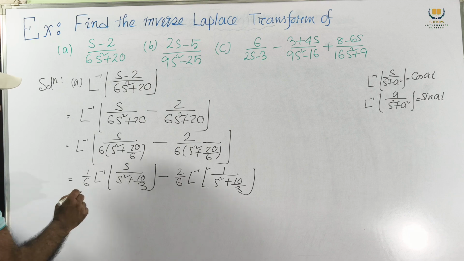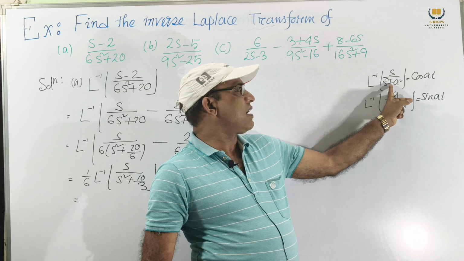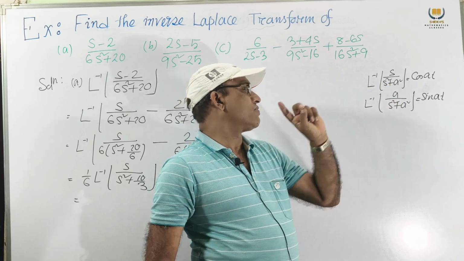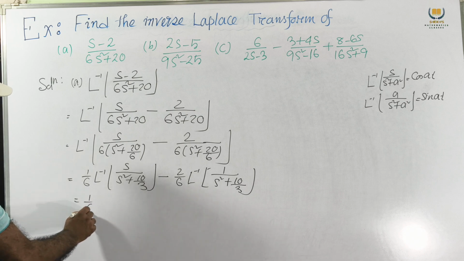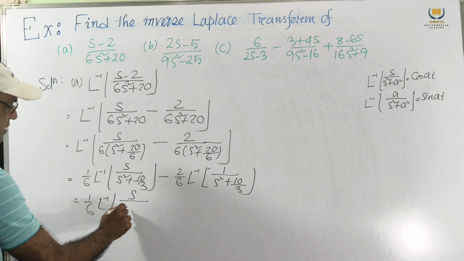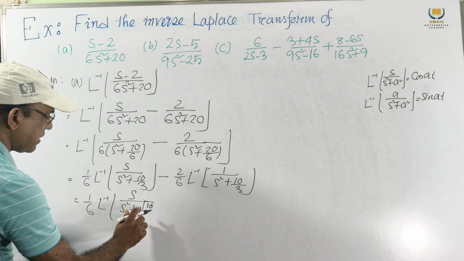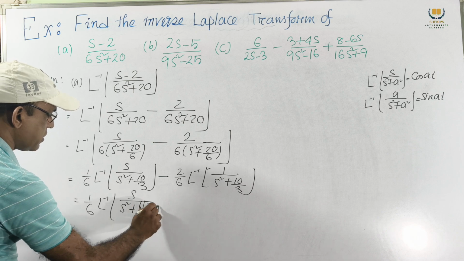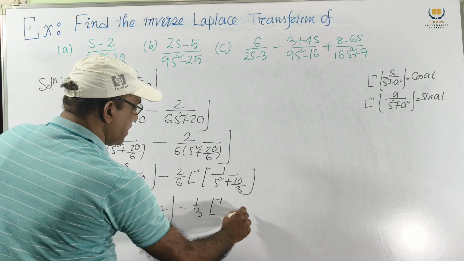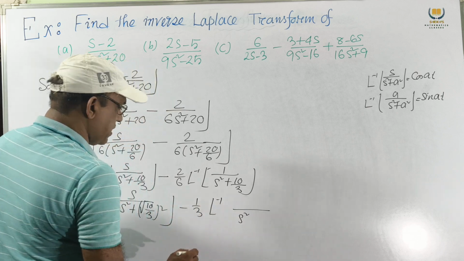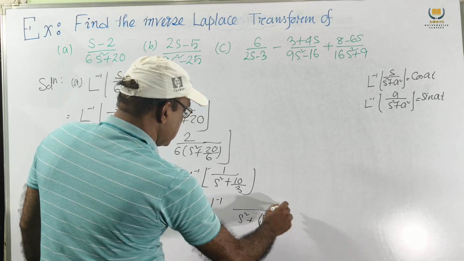In our formula we have s square plus a square, but here the square is not given, so we find it: 10 by 3 is root 10 by 3 whole square.